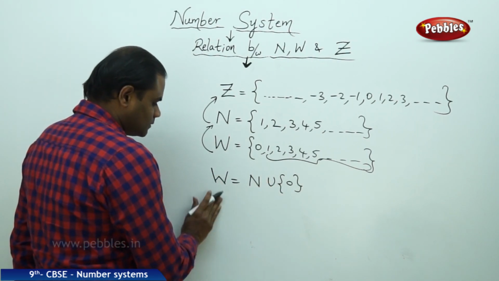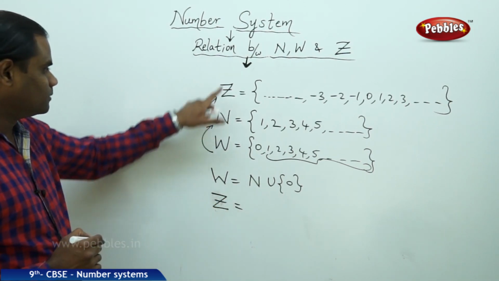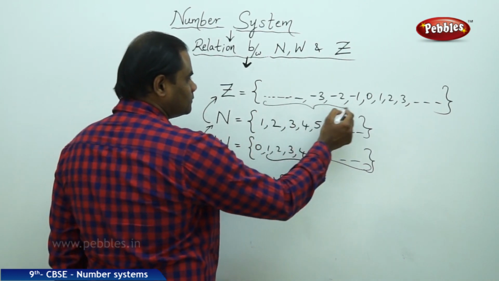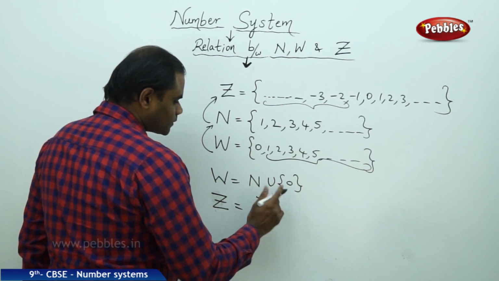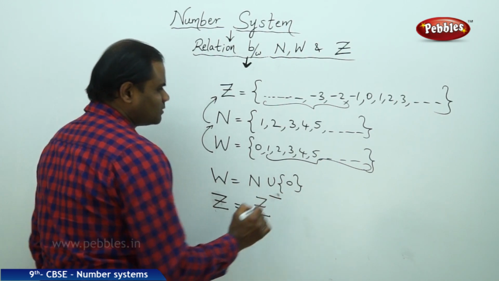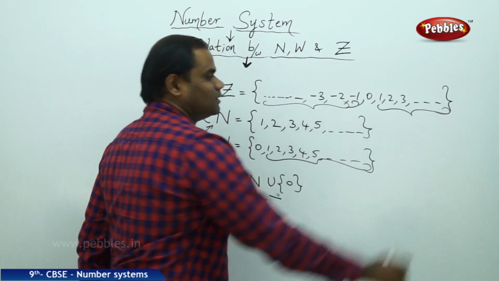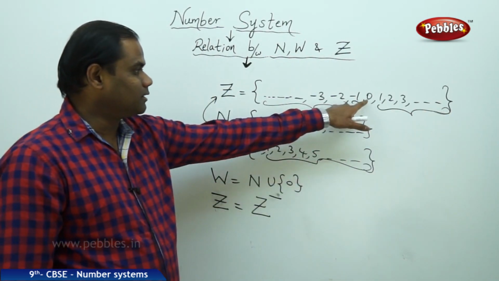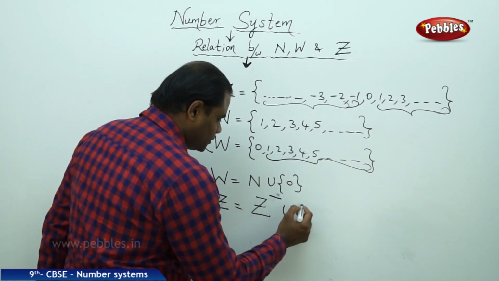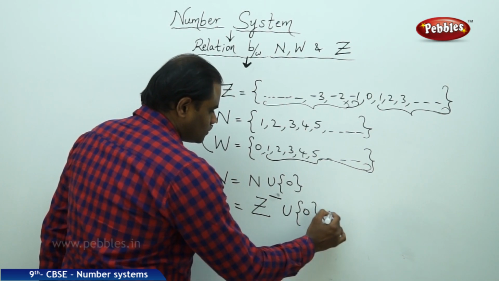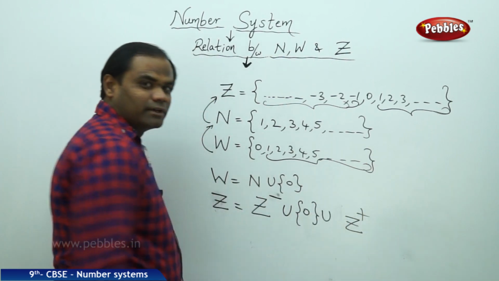And I see the relation between Z and W: the first half being the negative integers and the right half being the positive integers, divided by the neutral 0. So I can write this as Z minus union 0 union Z plus.